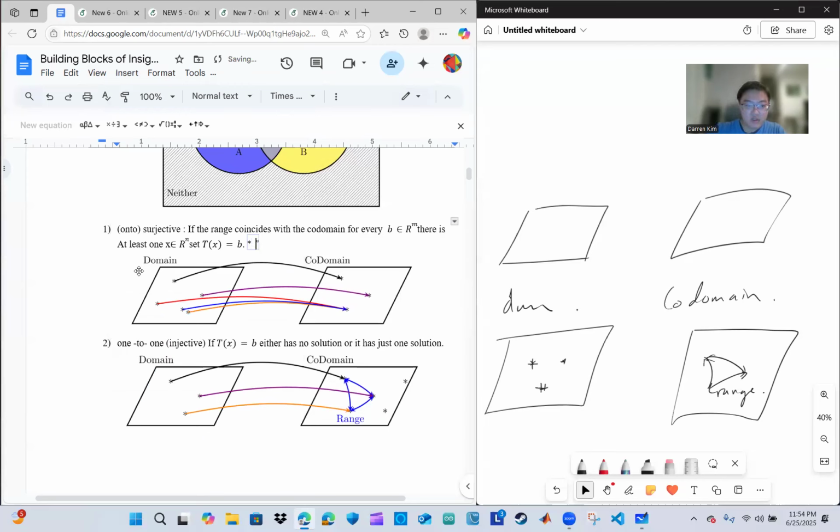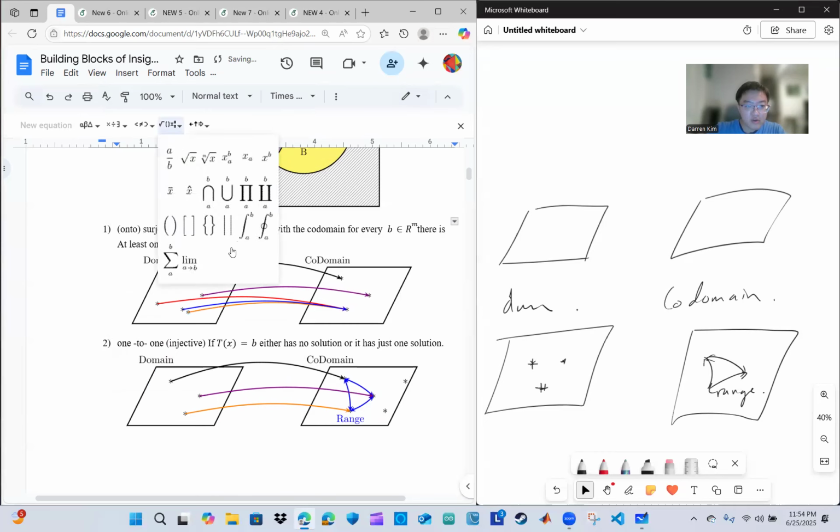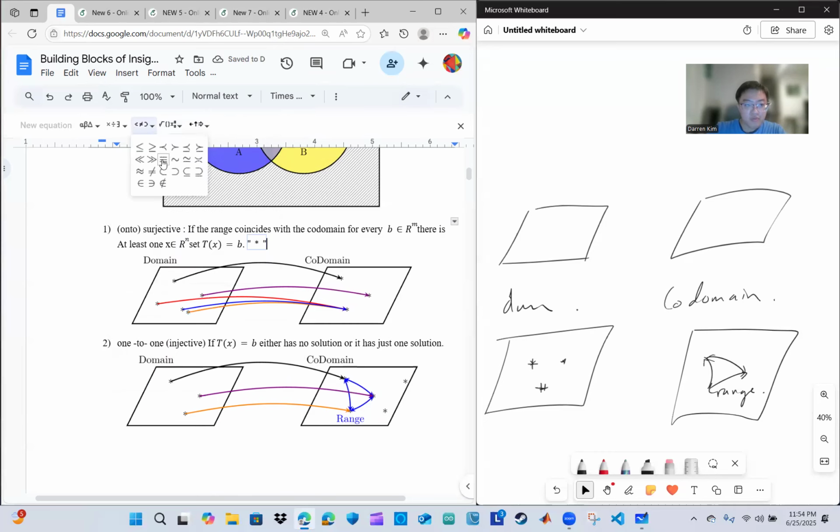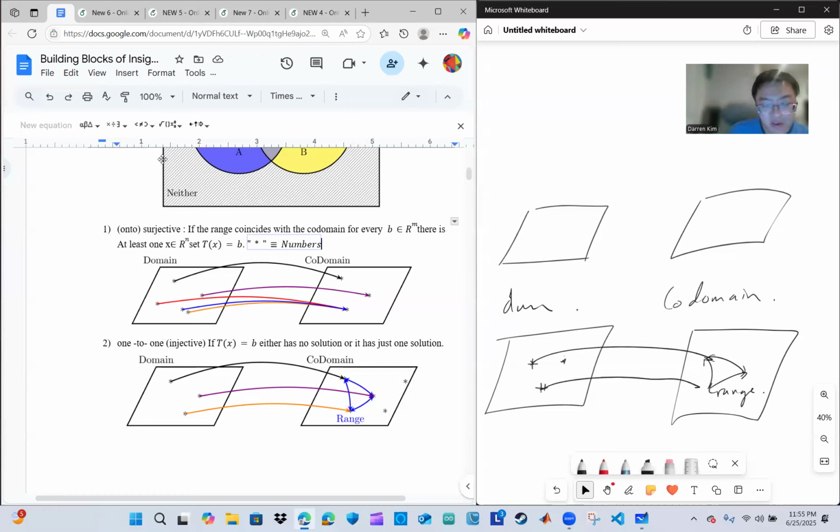this is equivalent to numbers in this case. So when I did this, I was basically making a wedge that fit into this range.